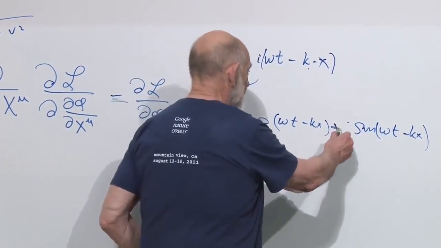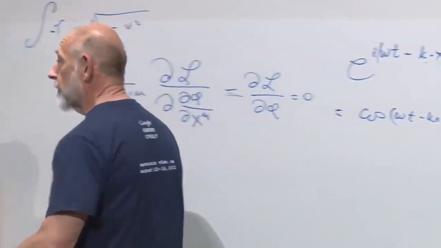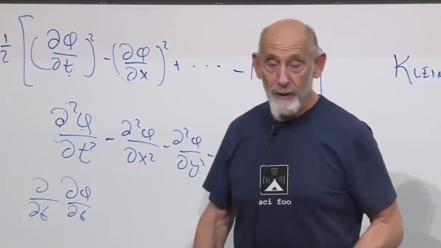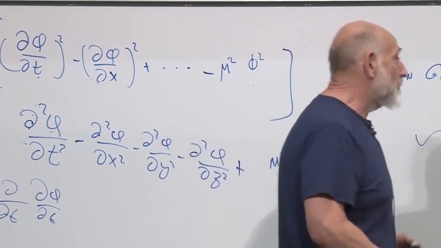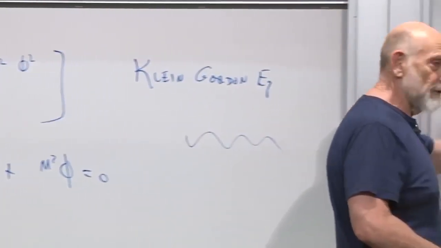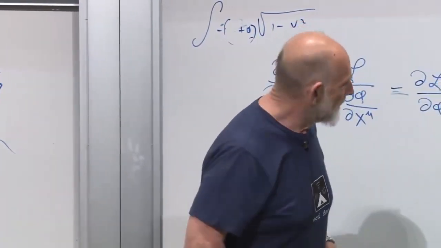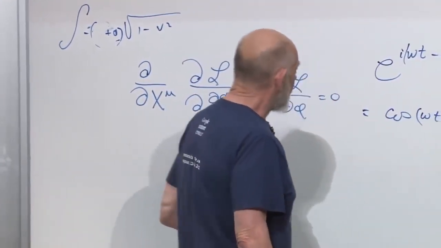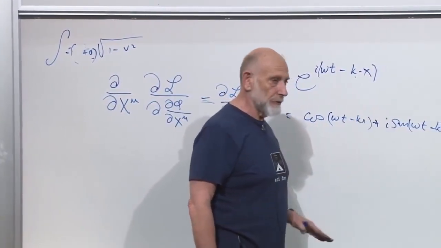But exponentials are a neat trick for facilitating taking derivatives. That's the reason we used exponentials, not because the field is imaginary or complex, but because it just helps us do the algebra of taking derivatives. Once we have a solution like this, the real and imaginary parts are both separately solutions.